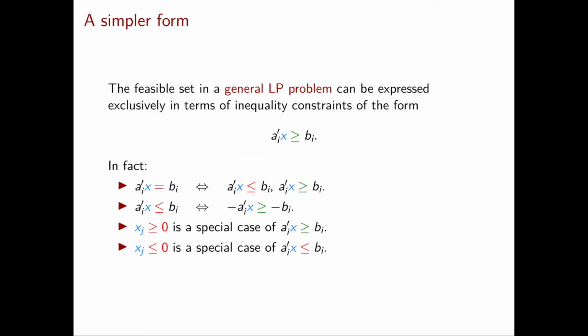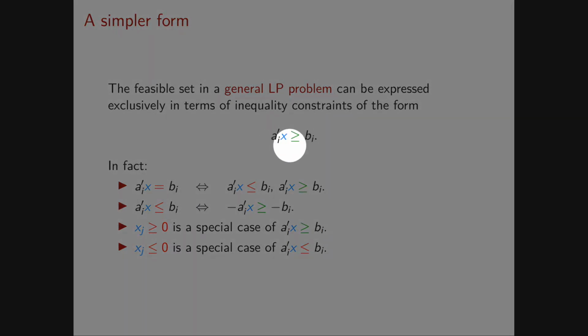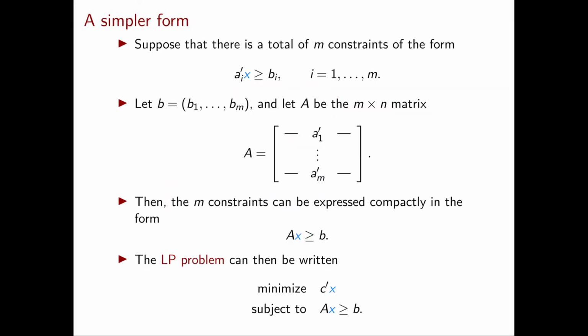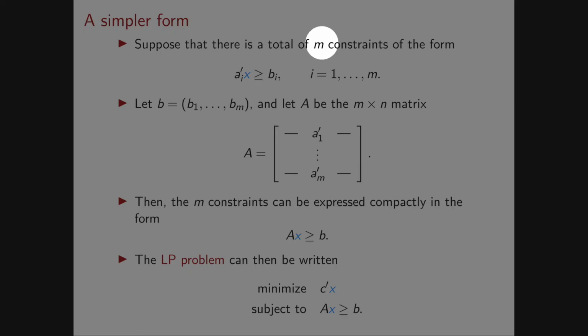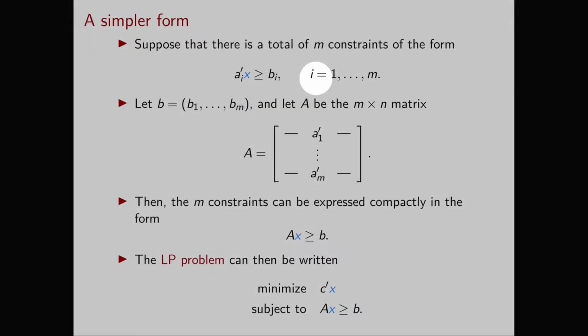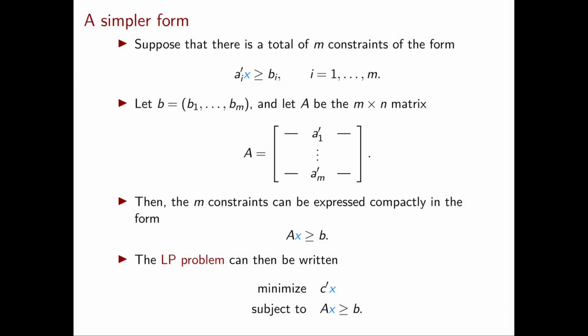Therefore, by using this simple transformation, we can write a general linear programming problem only using inequality constraints of this form. So let's assume that we have a total number of m constraints of this form, ai transpose x greater than or equal to bi for every i from 1 to m. Our task is now that of writing our linear programming problem in a simpler matrix form.